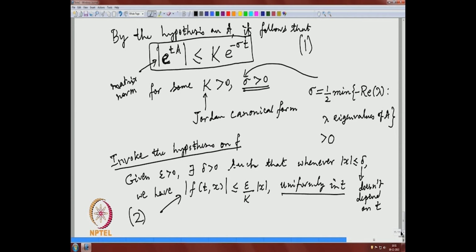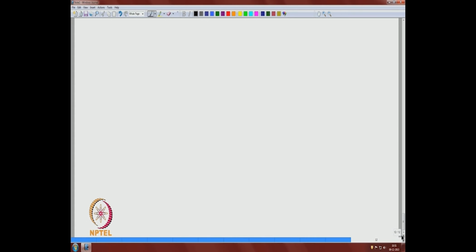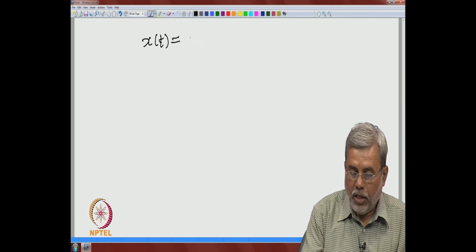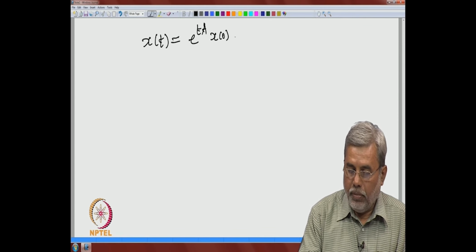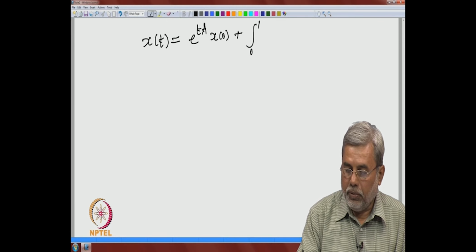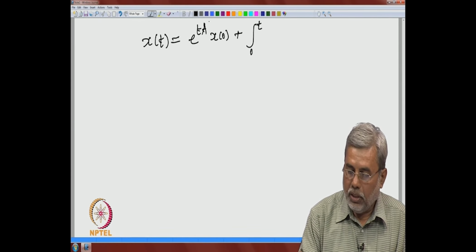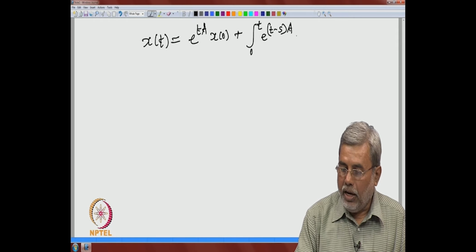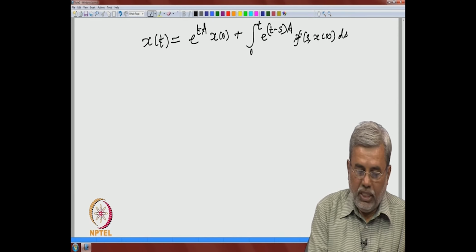So, again go back to this. Remember this solution satisfies the integral equation, x(t) equals e to the t A x(0) plus the integral from 0 to t of e to the (t minus s) A f of s, x(s) ds.